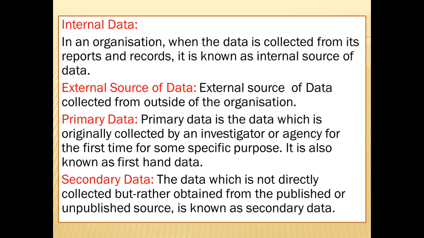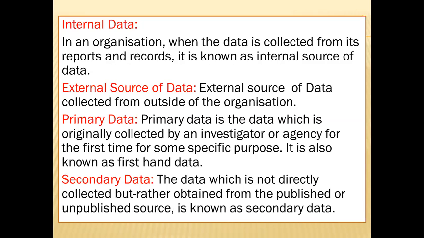Through newspapers, any government office, or any NGO office, you can collect the data. If we are collecting data from a government office, NGO or any organization, the data has already been collected and stored by them, and you are taking it from them, so this is secondary data.